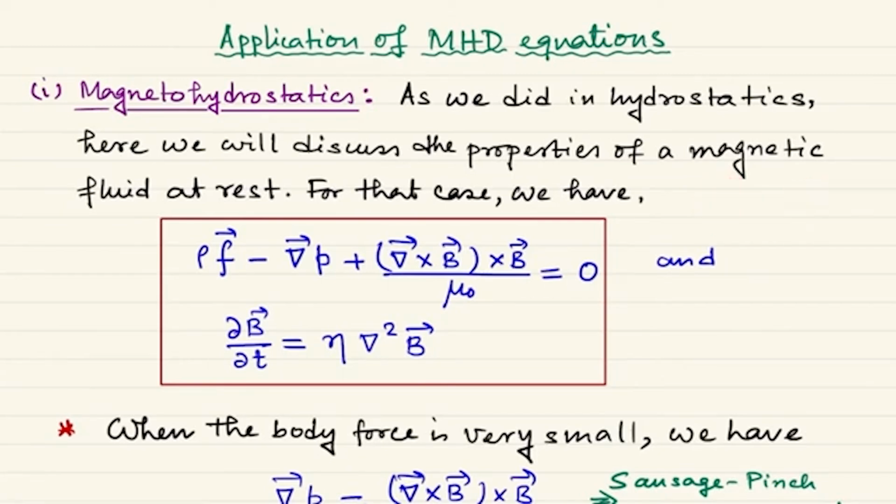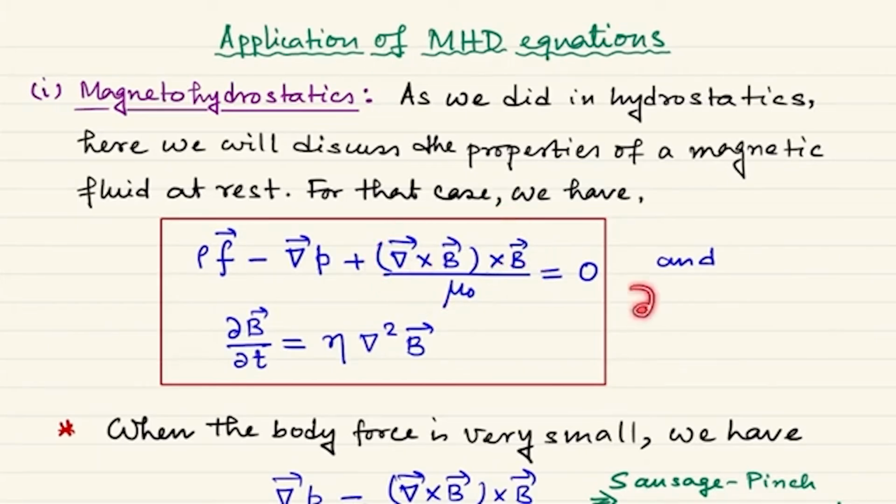If you replace that in the momentum evolution equation, you will simply have rho times F, where F is the body force density, minus gradient of P, the pressure, plus curl of B cross B by mu 0. So that is the Lorentz force term.